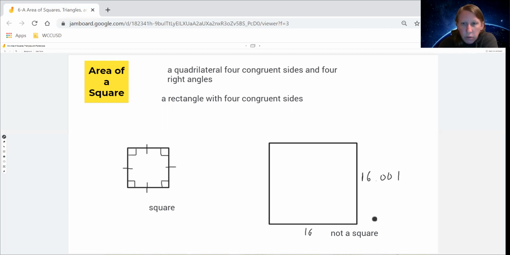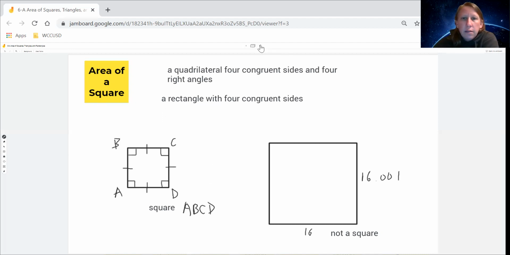You wouldn't know that these aren't the same unless it was marked. So you cannot assume that it's a square unless you have verified markings. Again, the way we label it, this would be square ABCD. That is how we would talk about square ABCD. That means I want to name that shape.